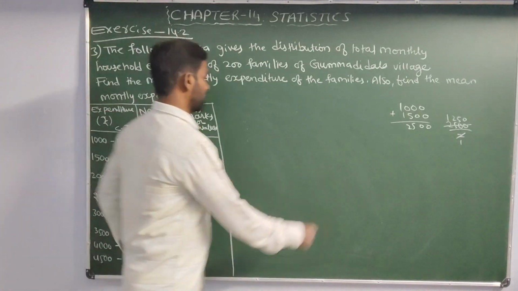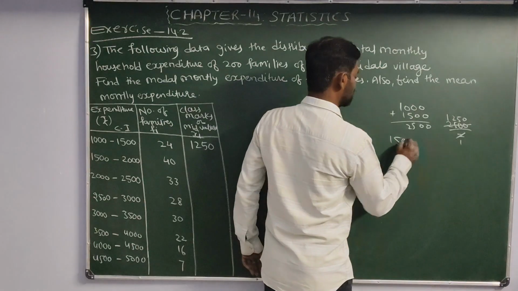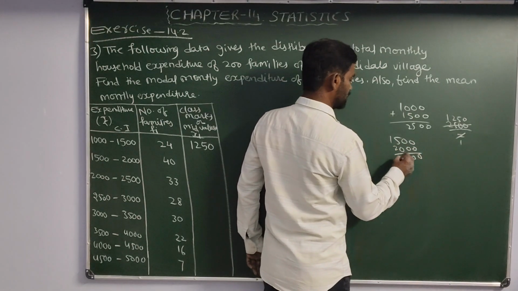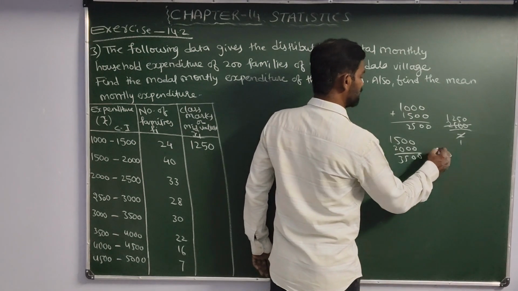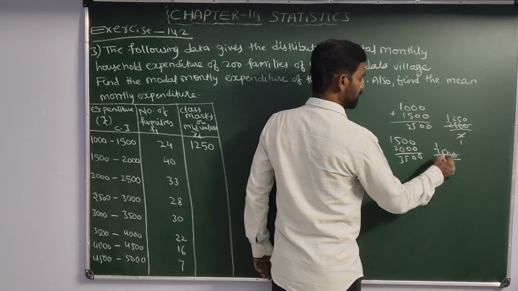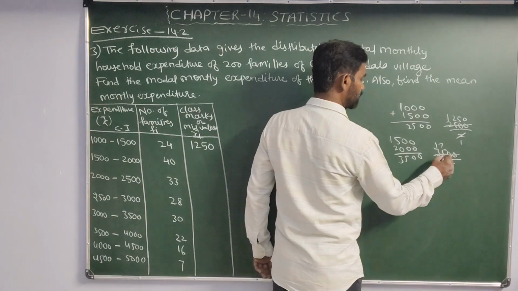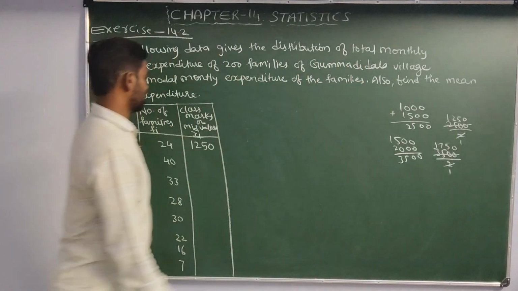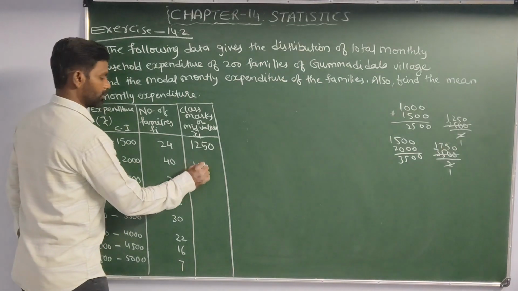Next, 1500 plus 2000 is 3500. 3500 divided by 2 is 1750.